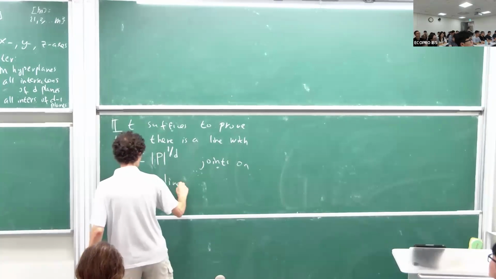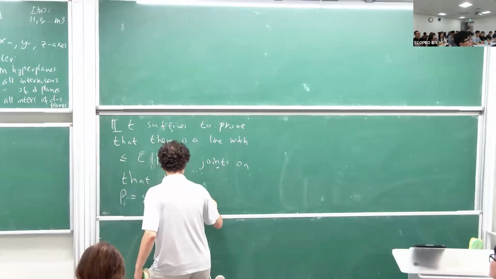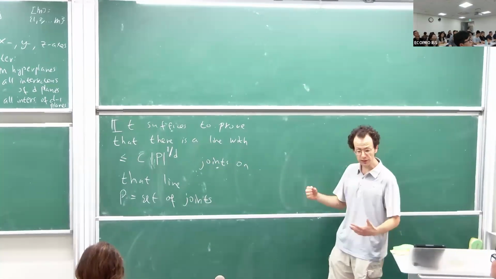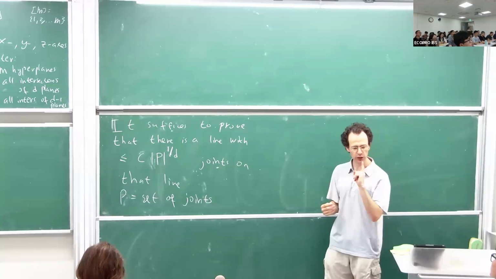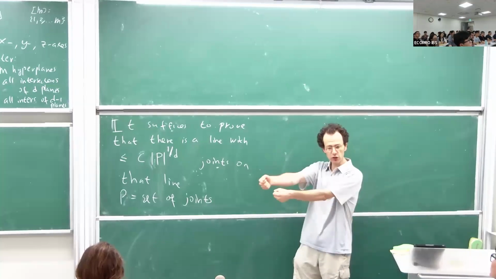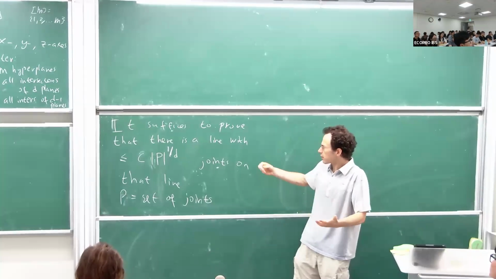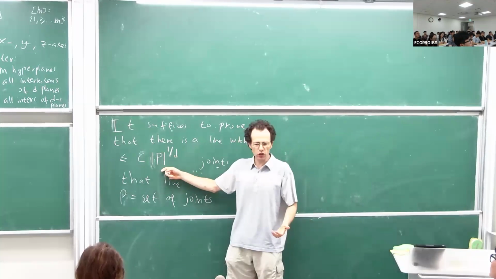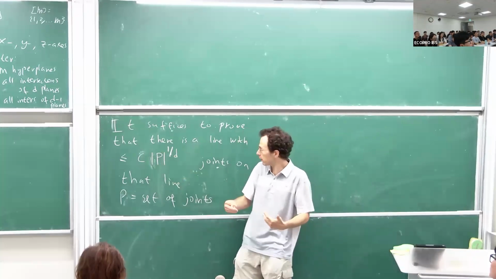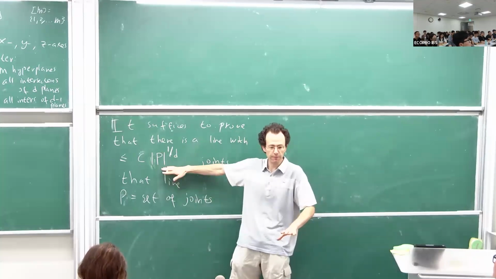My P is the set of joints, and if I can find a single line which has few joints, I'm done. Why? Because I can just induct. I can remove that line, which might kill at most that many joints. Now by induction on the number of lines, I have my bound, and I just apply it again and again. That will be enough.